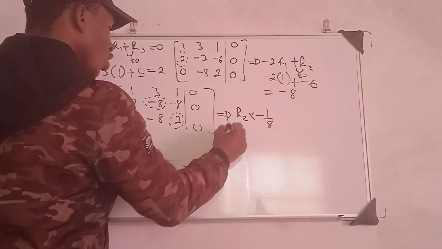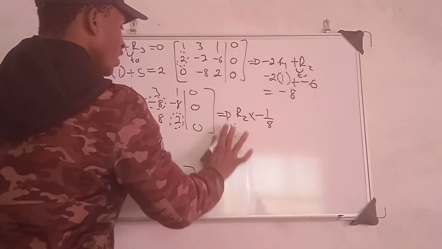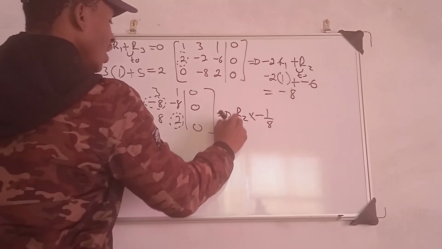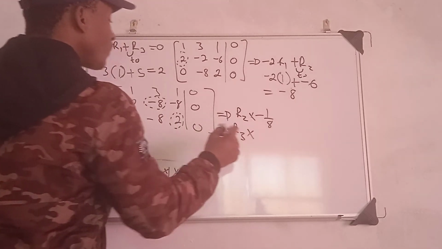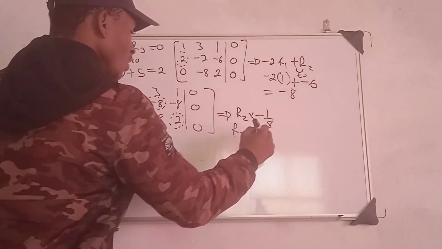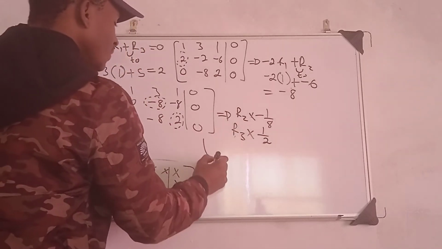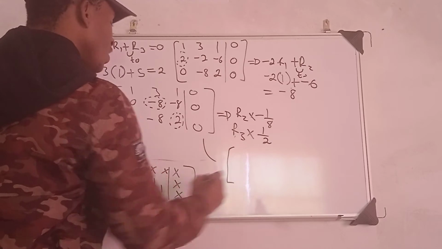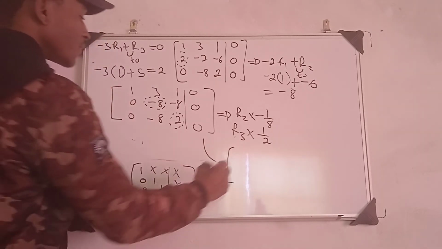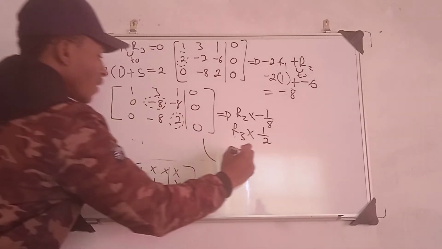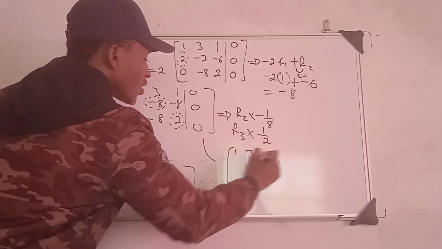And then row 3, because I want to achieve this one here, I will multiply it by 1 over 2. So if I do that, row 1 doesn't change, guys, because I'm not doing anything on it. So I will have 1, 3, 1, 0.